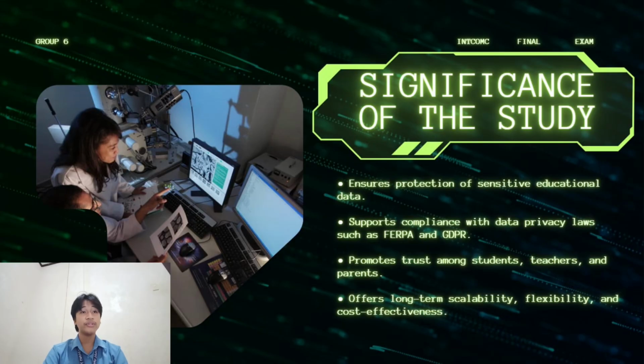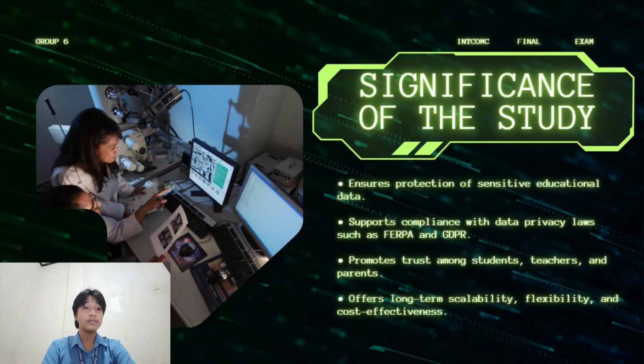The third one is promote trust among students, teachers, and parents. Although establishing a private cloud may require higher upfront costs, the long-term benefits including scalability, operational reliability, and cost savings make it a worthy investment.